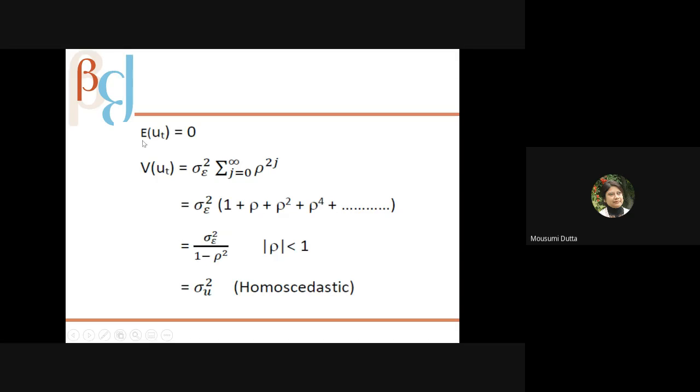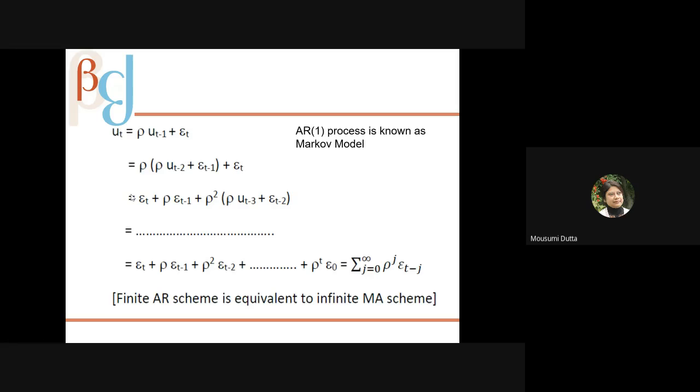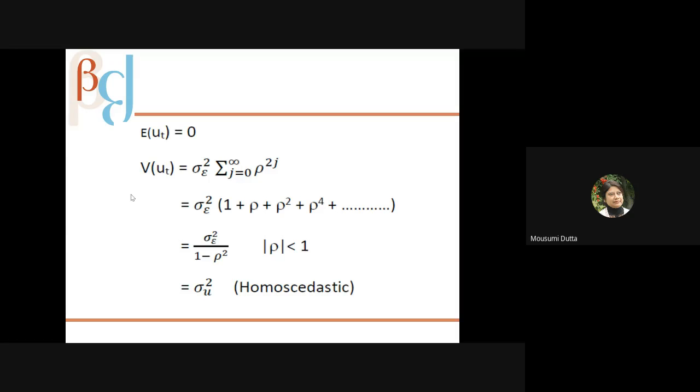Before finding the properties of beta hat, first we need to present the error term in terms of autocorrelation. When I'm following this process, ut is equal to rho ut minus 1 plus epsilon t. So what will be the structure of the expectation of ut, variance of ut, etc.? So my regression model is yt is equal to beta naught plus beta 1 xt plus ut.